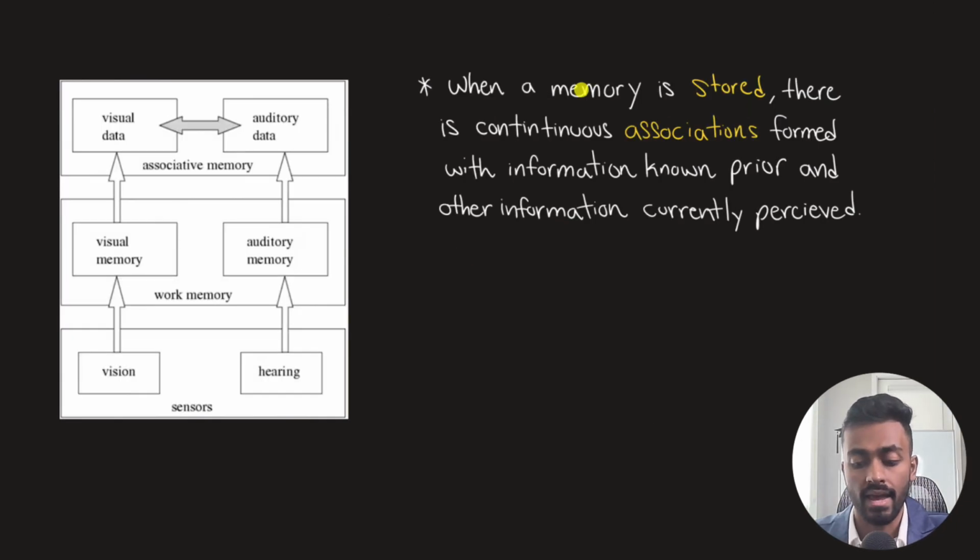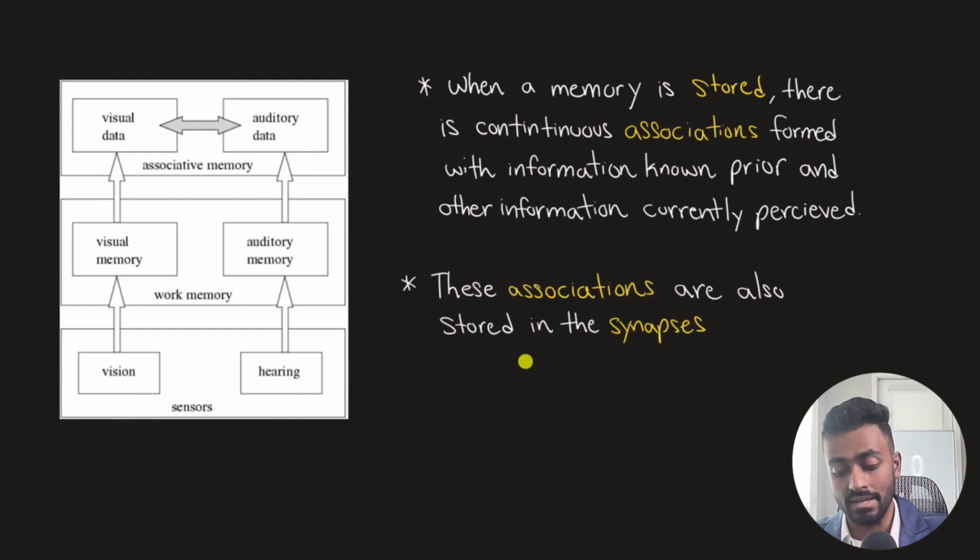Now, when a memory is stored, there are continuous associations that are formed. And these associations are formed with information that is known prior and other information that might be currently perceived. And these associations are also then stored in the synapses. So the synapses are continuously updating.